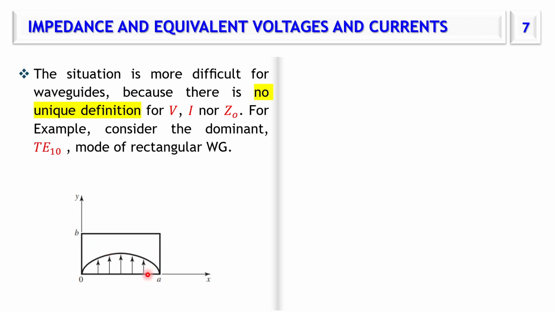So there is no clear definition for voltage and current, and if we want to apply microwave circuit theory or network analysis tools, we need to find a definition for voltage, current, and impedance in this case. And this is what we're going to discuss in the next slides.